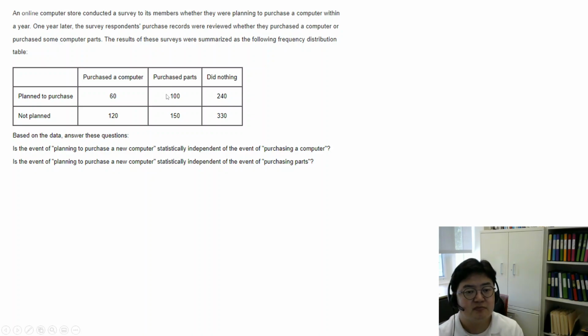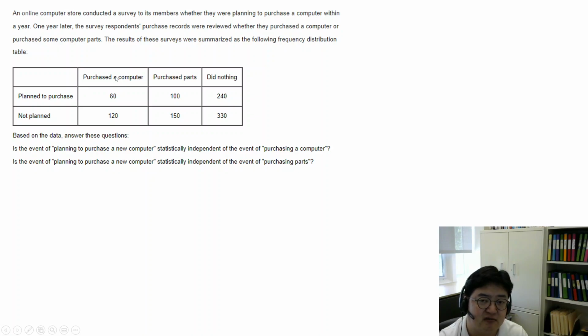Okay. So here, I'm going to show you how to check the independence between planning to purchase and purchasing a computer, right?